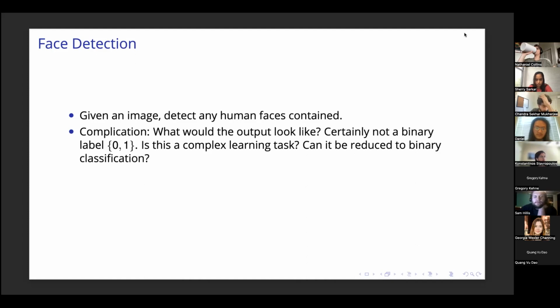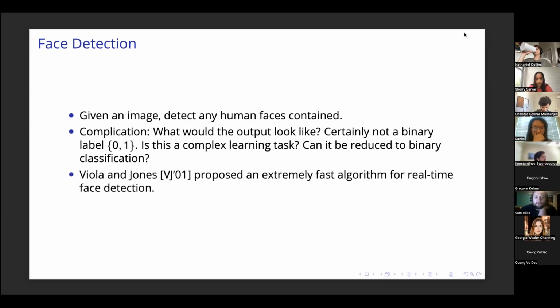We don't want to output just whether there is a face or not, but we want to find all the places where faces are. And this problem was solved by a very efficient algorithm by Viola and Jones in 2001.